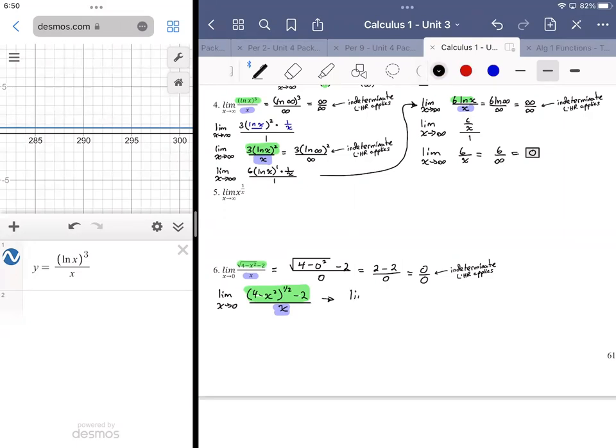So limit as x approaches 0, we're looking at 1/2 times 4 minus x squared to the negative 1/2 power times the derivative of what's on the inside, which is just a negative 2x. The constant goes away. The bottom is just going to become a 1. Derivative of x with respect to x is equal to 1.